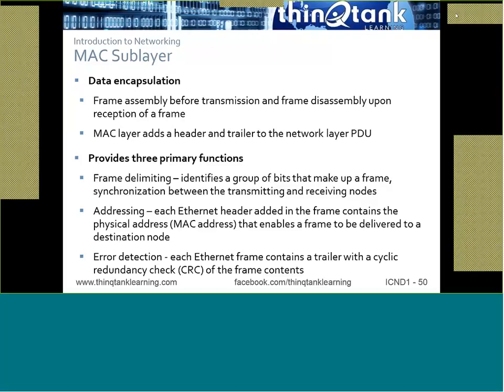Within the FCS, we have something called a cyclic redundancy check. Now, here's how that essentially works. I build my entire frame, and before I encapsulate that data and send it over to the physical layer, I run a mathematical calculation called the cyclic redundancy check. It's an algorithm that I use to generate a number. And that CRC value is determined based on the amount of information that's stored in the frame specifically.